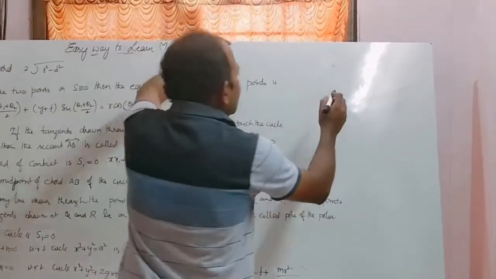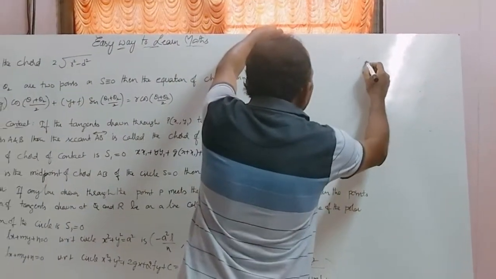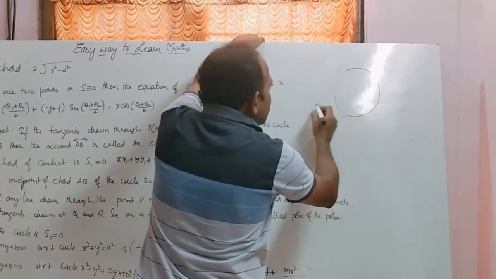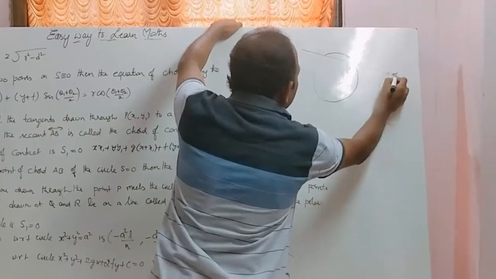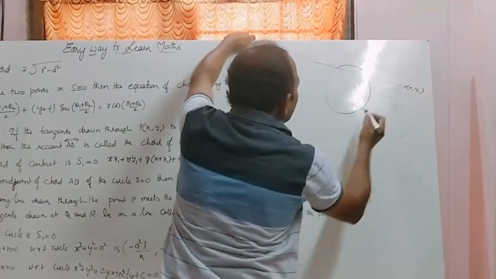Let us draw secants. Secants means point of intersection. Here P is an external point.